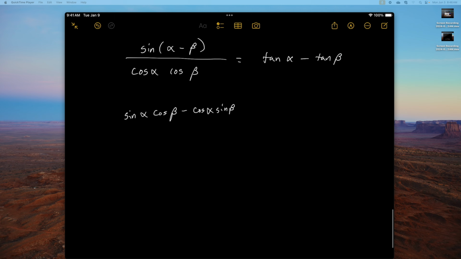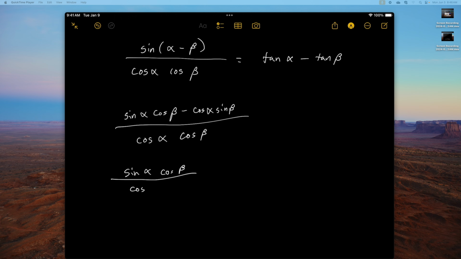Okay, and that is all over cosine of alpha cosine of beta. Now I'm going to split this guy up. Anytime we have a single expression on bottom, we can put it over each piece individually. So I'm taking each piece on top and putting it over the cosine alpha cosine beta.